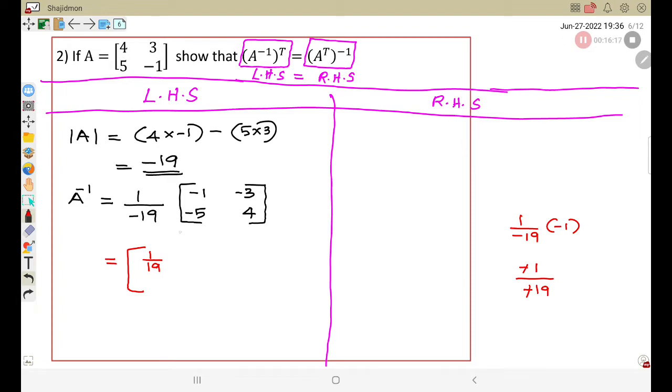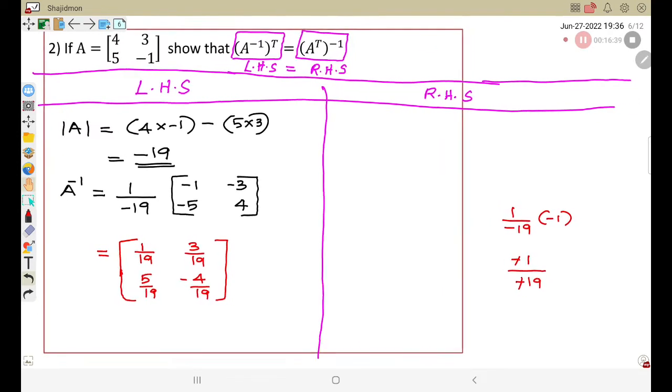Now second number, minus minus will cancel, 3 over 19. Third number 5 over 19, minus minus will cancel again, so we get 5 over 19. Then the fourth number, minus 4 over 19; the minus will not cancel, only one minus, so minus 4 over 19, correct? This is the A inverse matrix.